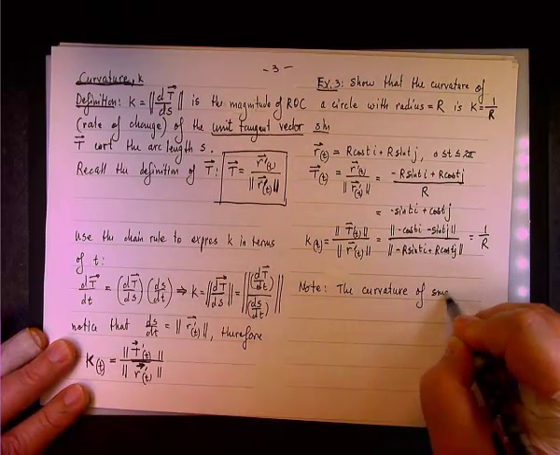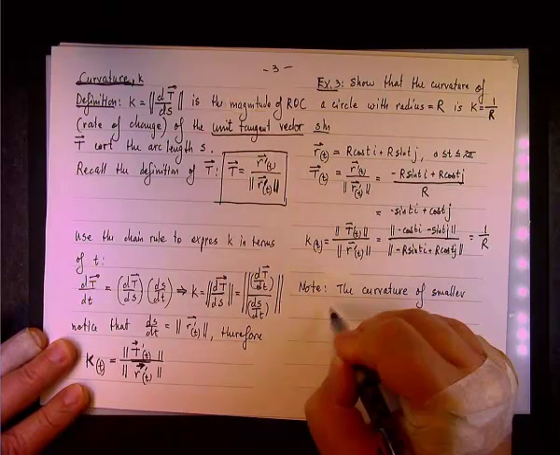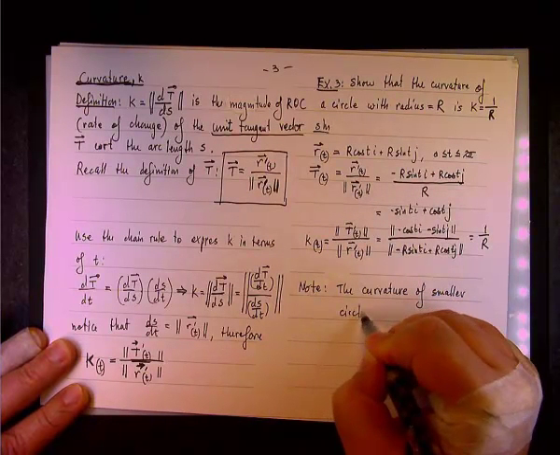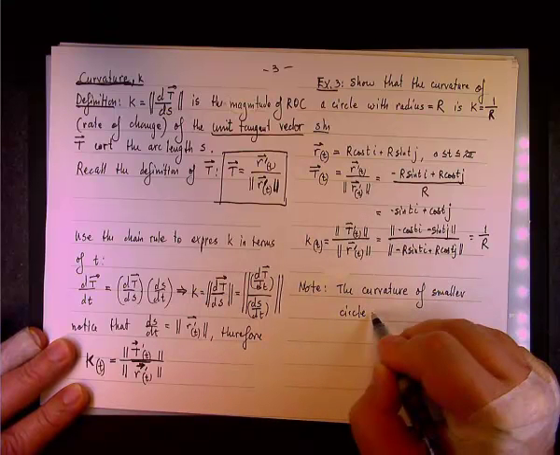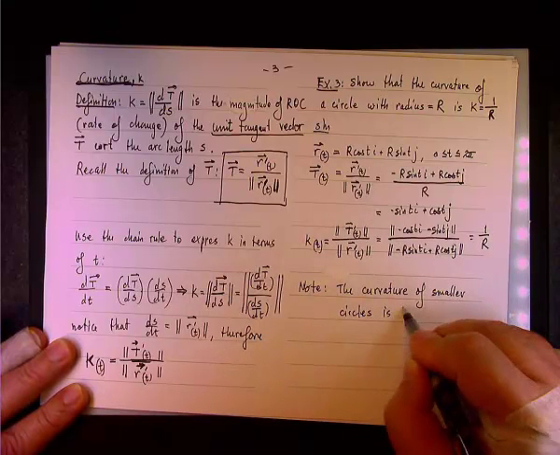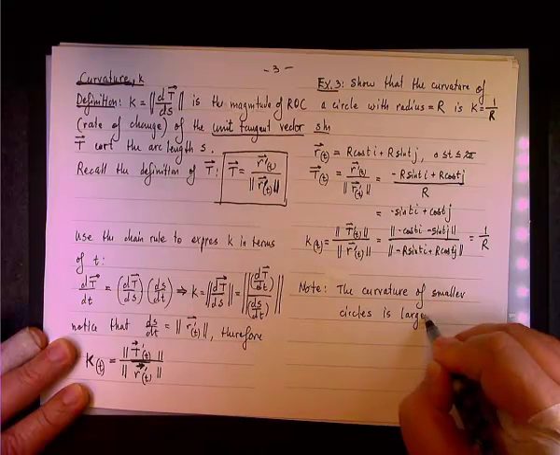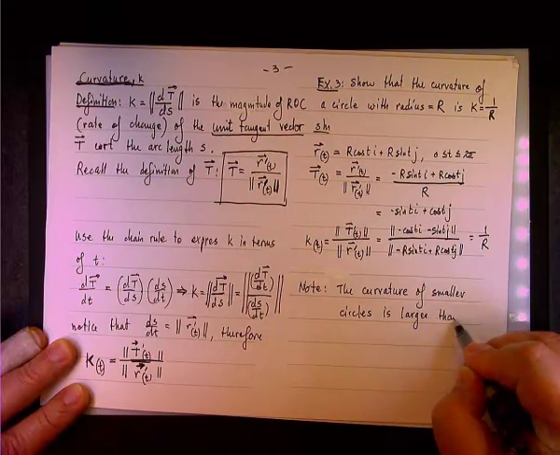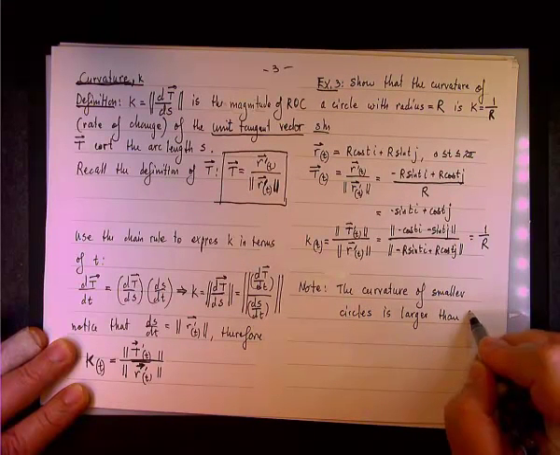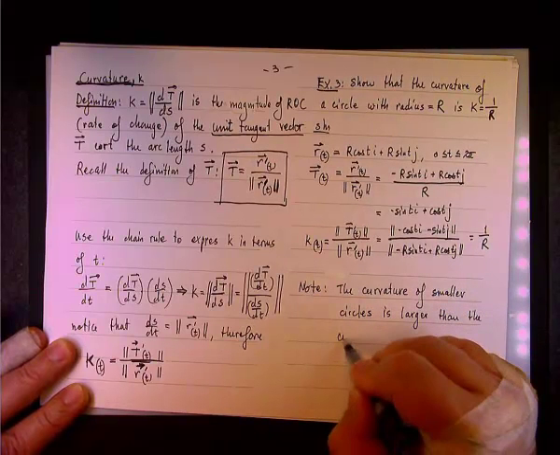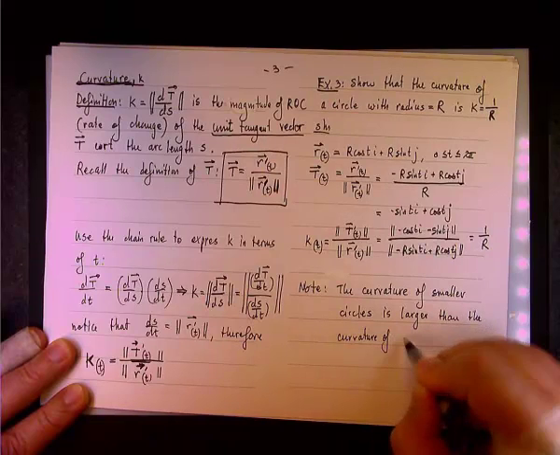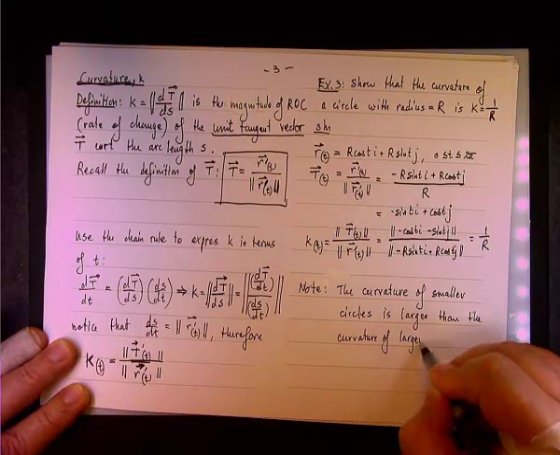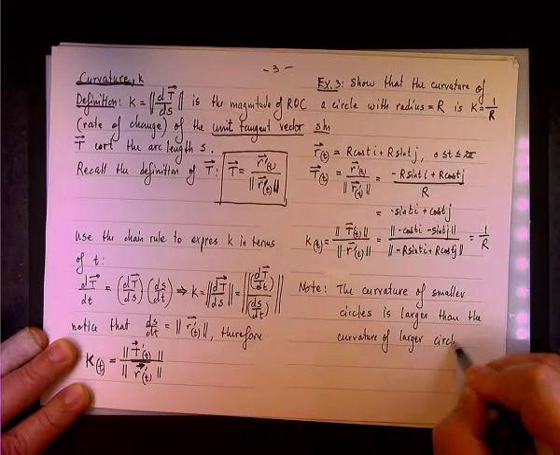Note here, the curvature of the smaller circle is larger than the curvature of the larger circle.